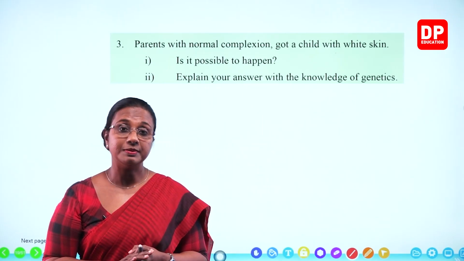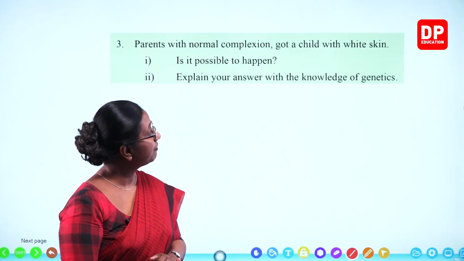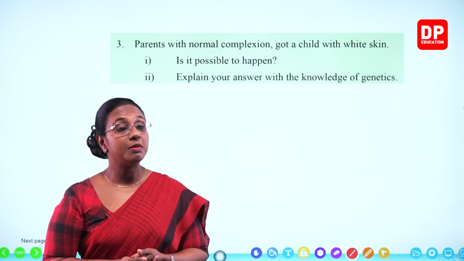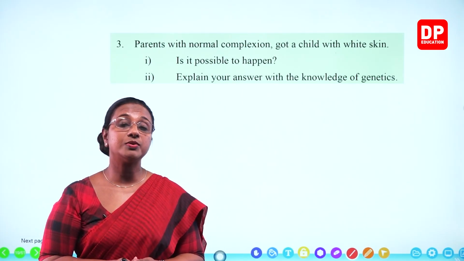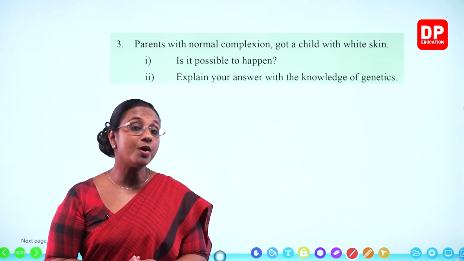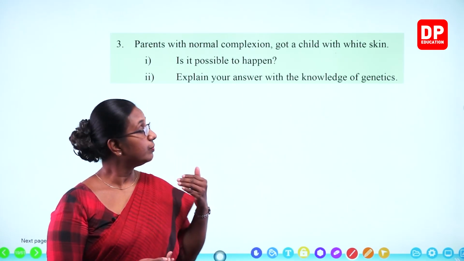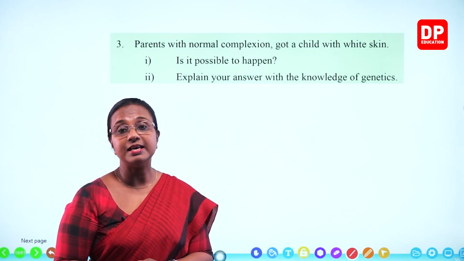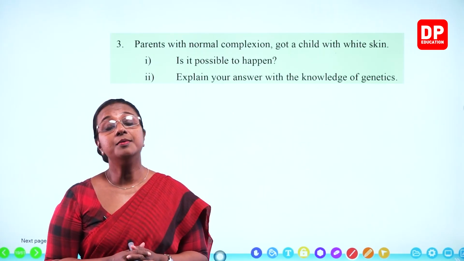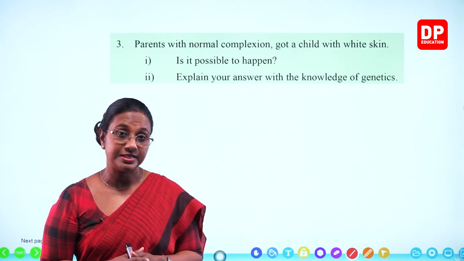That is also possible. Otherwise, when we say fair child with white skin, now you can remember albinism is also a condition where the white skin, that is an abnormal white color. So we can consider the child as having albinism also. Both are possible. How is that?